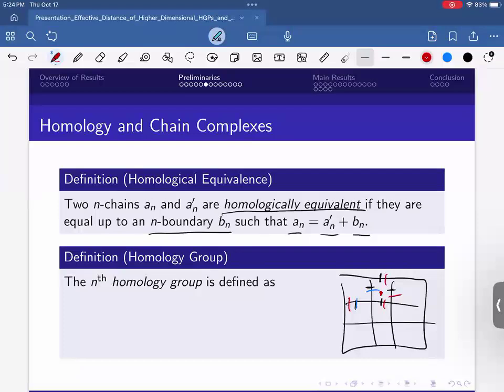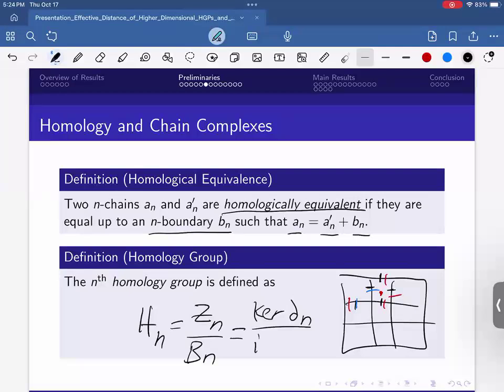And then the nth dimensional homology group is defined as the quotient group of Zn and Bn, Zn divided by Bn, which can also be defined as the following. Zn is defined to be cycles, which lie in the kernel of the boundary operator, so everything that has no boundary would be in Zn.